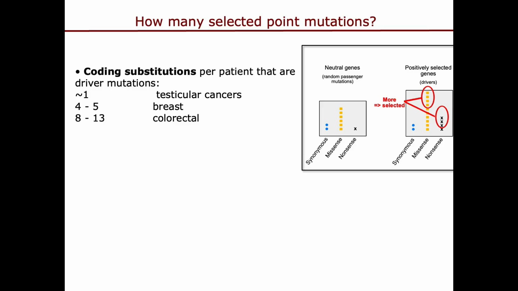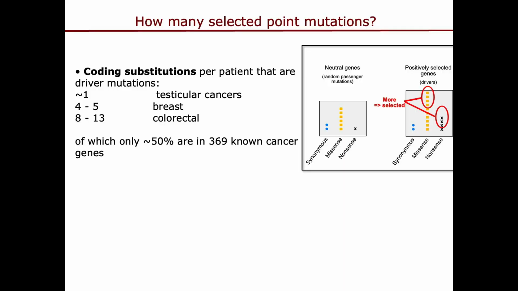Whereas at the other end of the spectrum, a typical adult cancer, colorectal cancer, had somewhere between 8 and 13 mutations on average. Breast cancer and ovarian cancer come in somewhere in between, with about 4 or 5 point mutations.